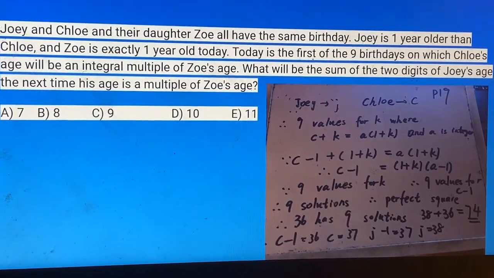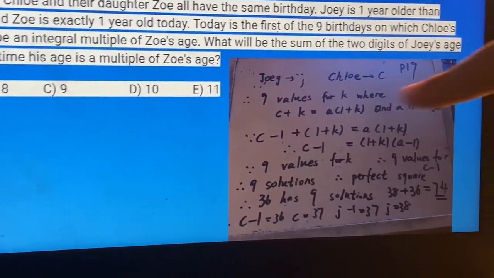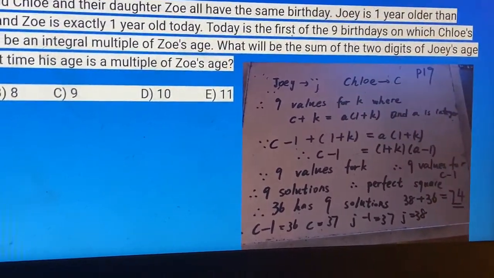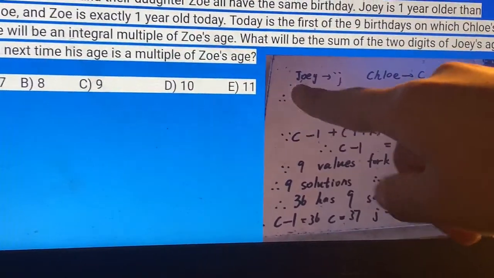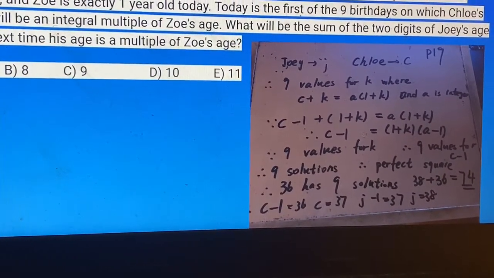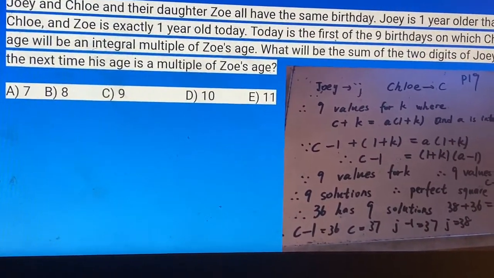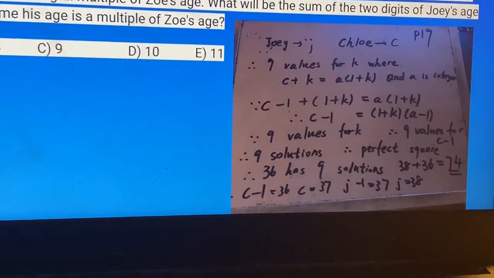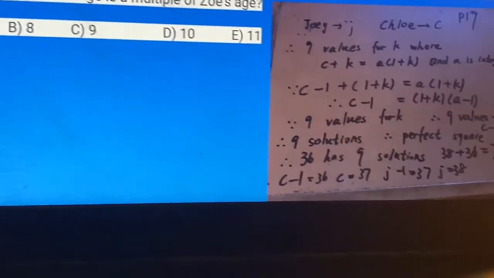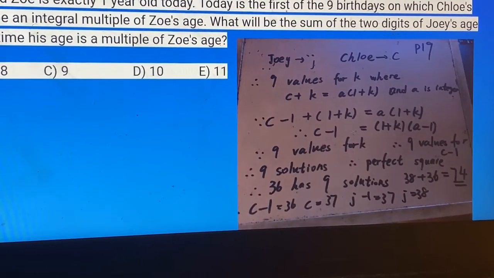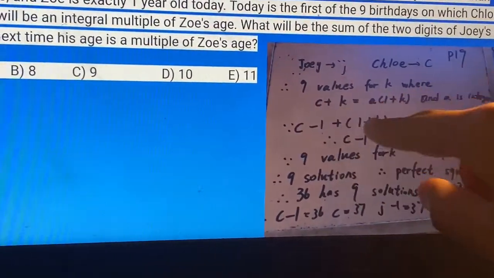Nine birthdays means there are 9 values for A to be an integer. We know J is Joe, C is Chloe. So we can make a formula based on the problem, and then we do a minus and plus 1 here. And then we put this here.